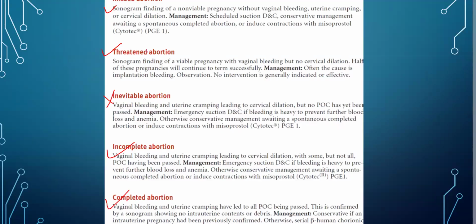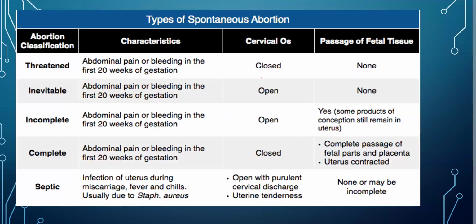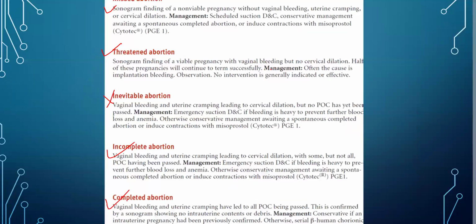And then when you examine the patient, you find that their cervical os is closed. And then you do an ultrasound, and ultrasound confirms that yes, the baby is in the uterus, not ectopic, then you can say it is threatened miscarriage.